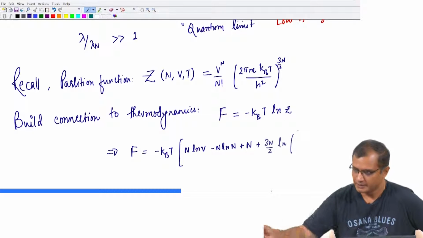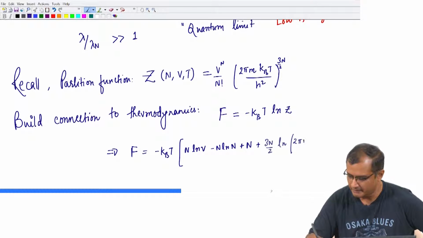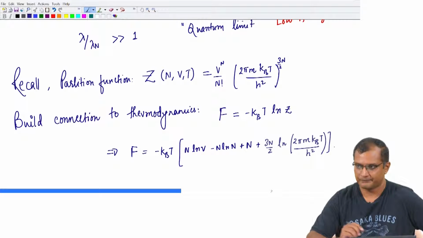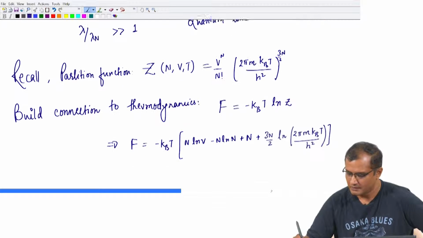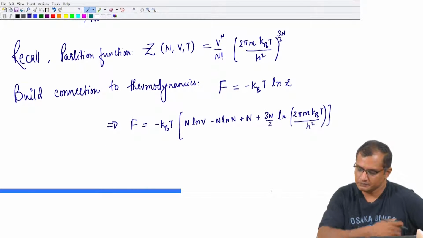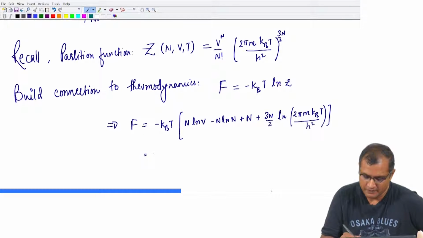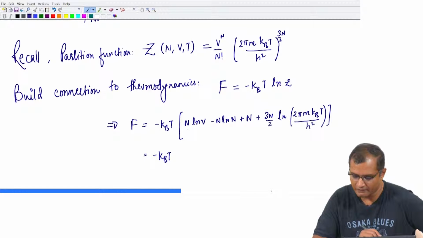ln 2 pi m kT over h square. And so, you can simplify it for the sake of convenience.